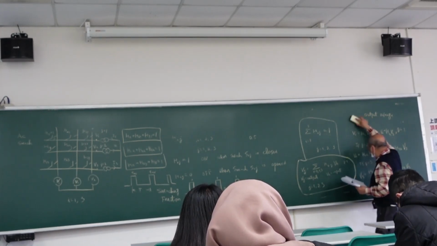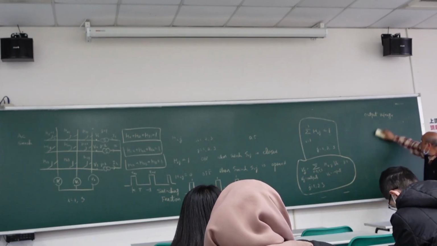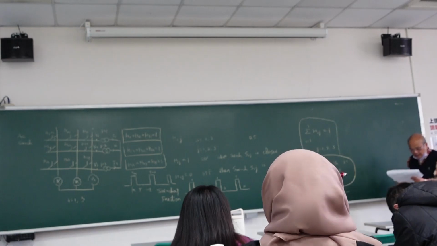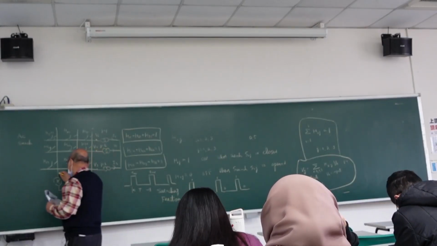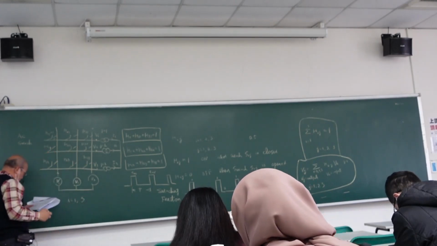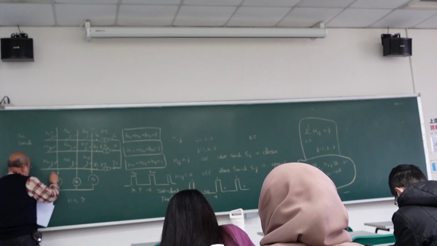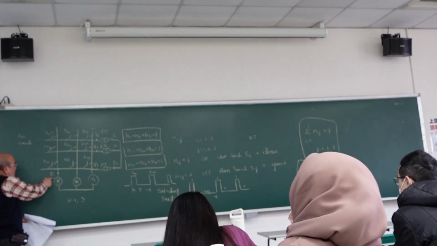So how about input current? So we want to use the switching function to describe input current. So what is input current here? So we have input current here. So we call this is I1. So what is this current?